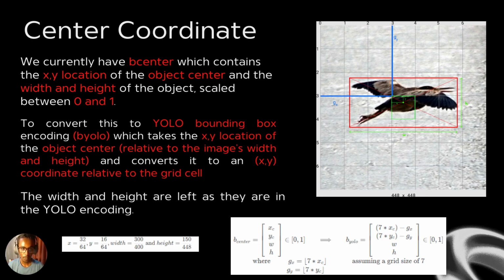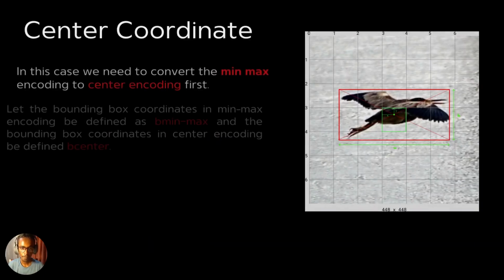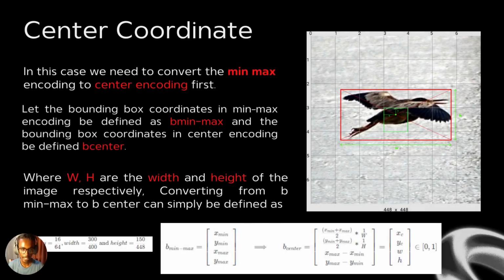So in this formula, we have xc, yc, w, and h in b center in order to compute b YOLO. First we multiply xc and yc by 7. And why did we multiply by 7? Because previously when we computed xc and yc in the b center, we divided by the width and height.